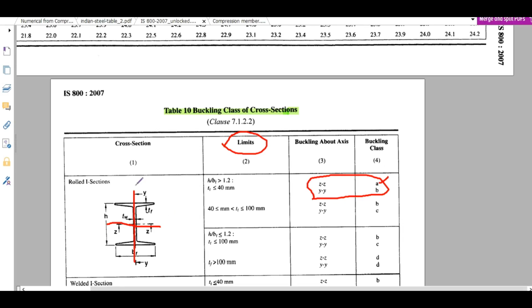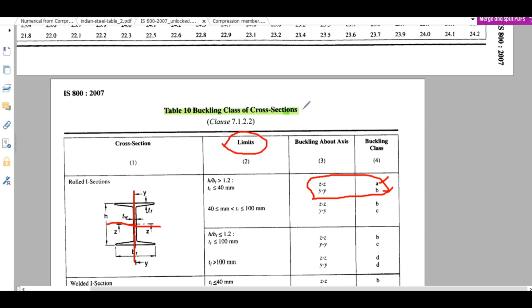Suppose this column may buckle about this y axis. In case you want to find the design strength about this y axis, you have to go for buckling class B. So you have to suitably select the buckling class for finding the design strength of a cross section.